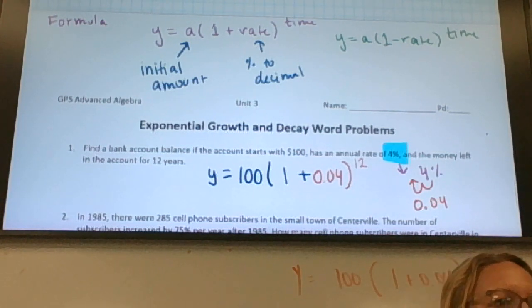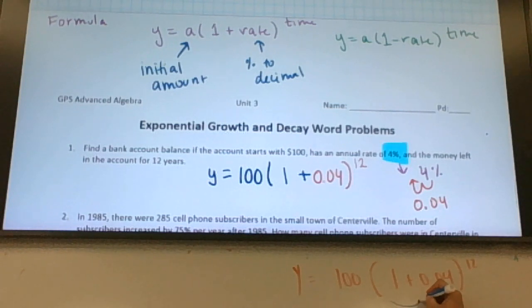There's really no reason to keep it apart. So I would just mental math make that 1.04. Right? That's easy, adding 1 to something. And then I would hit the YX button. And then I would hit 12 equal. And then I would hit the multiplication sign 100 equal again.